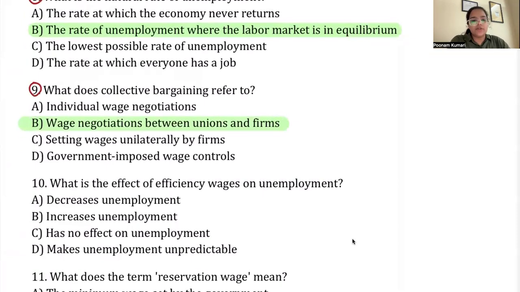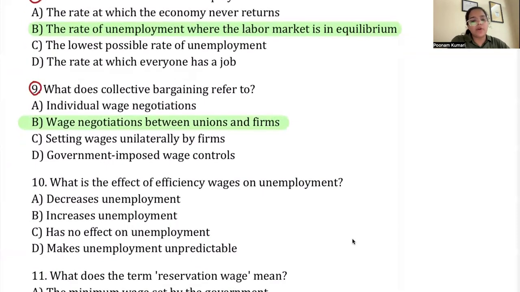What is the effect of efficiency wages on unemployment? Decreases unemployment, has no effect on unemployment, makes unemployment unpredictable. What would efficiency wages mean? Now the firms are paying higher than what they should be paying the workers, right? So because of that, what will happen?